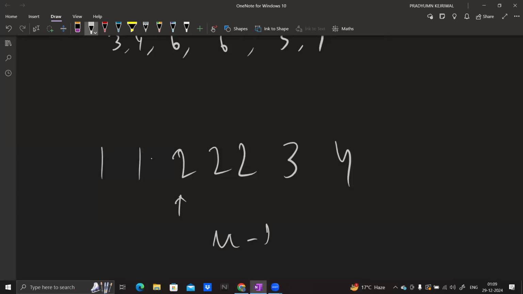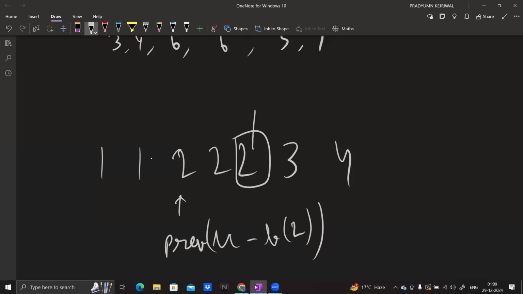I can do upper bound of 2 for the previous, so I'll get this element and I'll increase this one. So it will become 3. So that's why it remains sorted as well. It remains sorted always. And then I'll just update this element in the product.